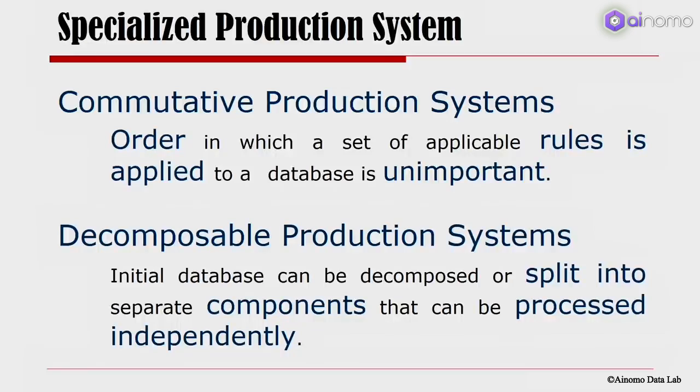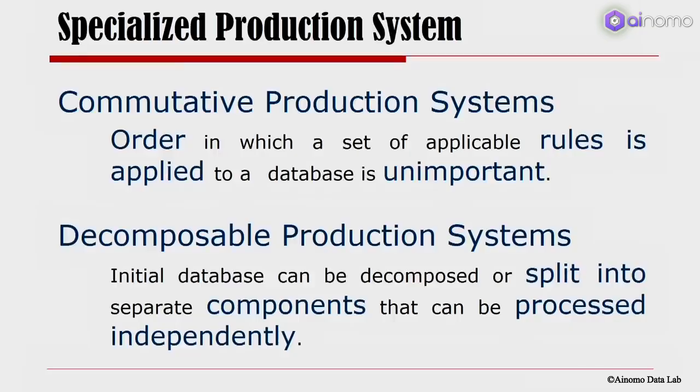I could apply any rule, any other rule still is applicable to the database. A decomposable production system is interesting because it leads to problem reduction. Here, the initial database can be decomposed or split into separate components, and each of them can be processed independently so that I arrive at the final goal.